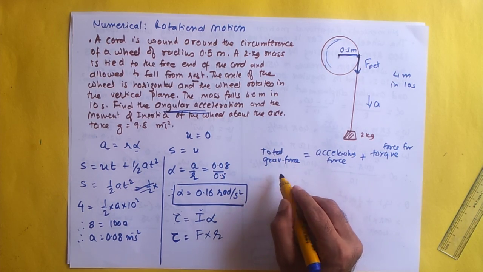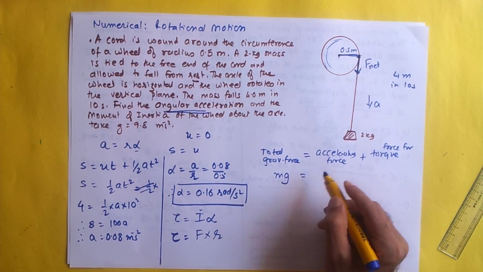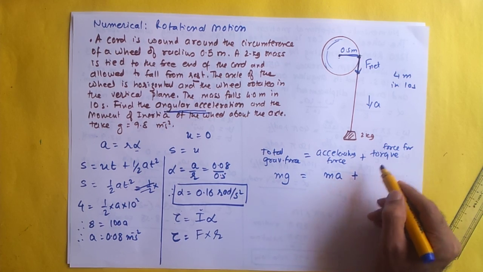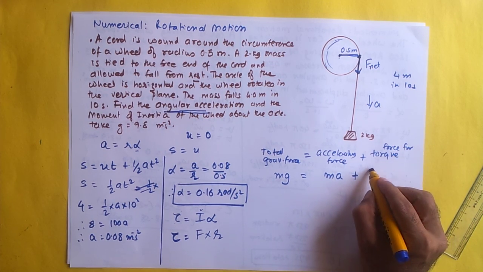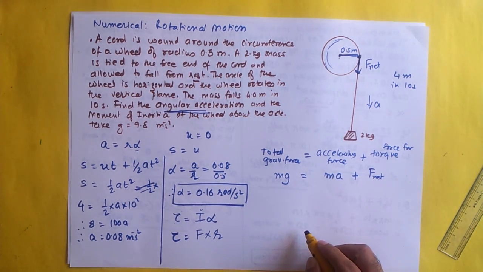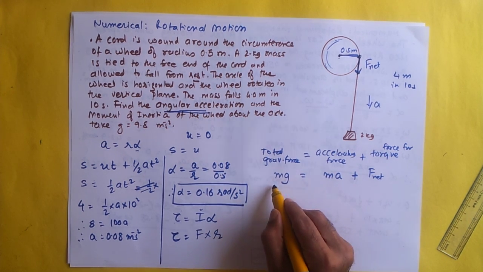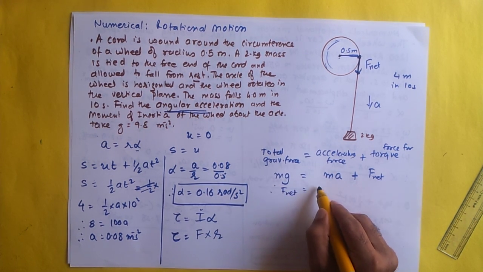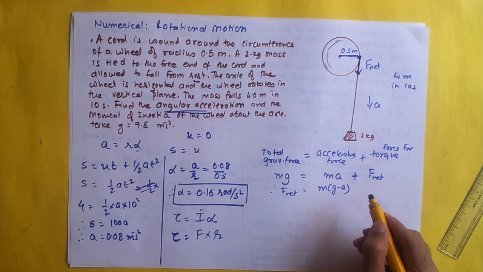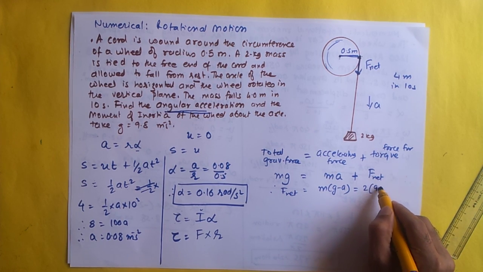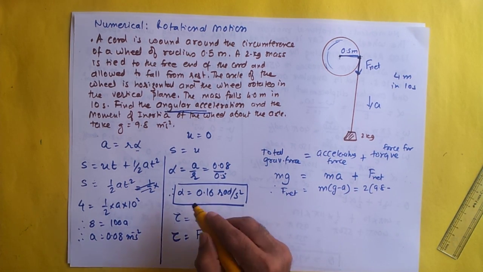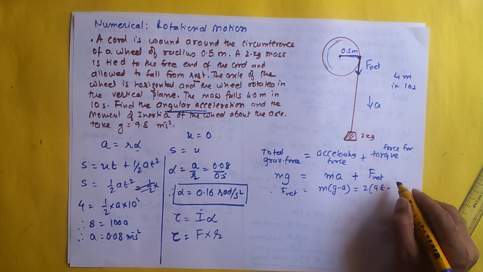Total gravitational force would be mg, accelerating force would be ma, plus this would be the force for torque. Let me call it F net over here. So F net would be m into g minus a. m is 2, 9.8 minus acceleration, a we have already obtained as 0.08.